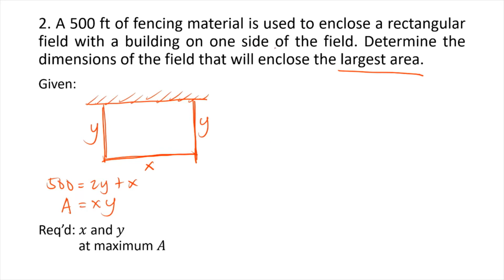Let's solve. So we have the primary equation, A equal to the product of x and y. We can either define this equation in terms of only x or only y using this equation. Let's say we isolate x from this equation.